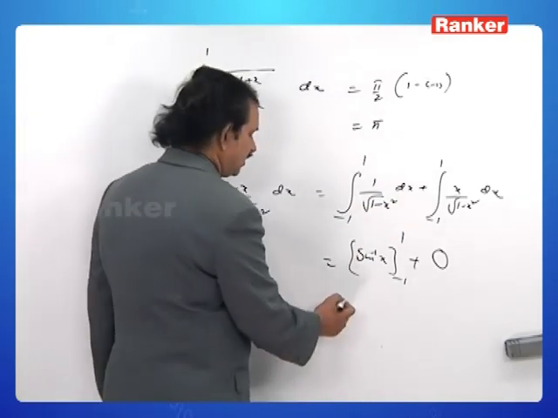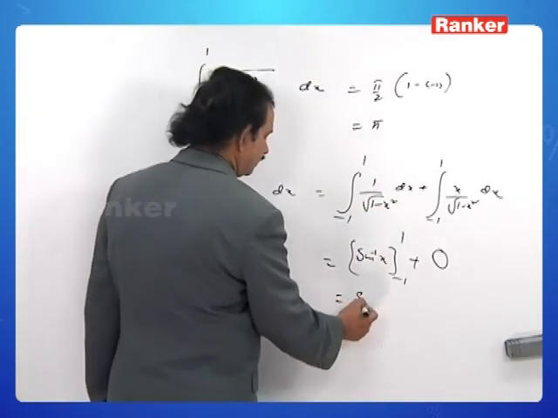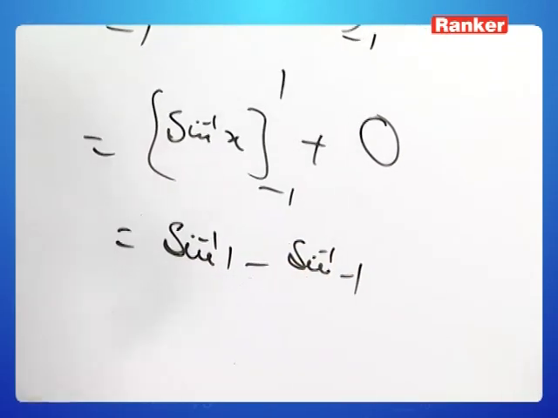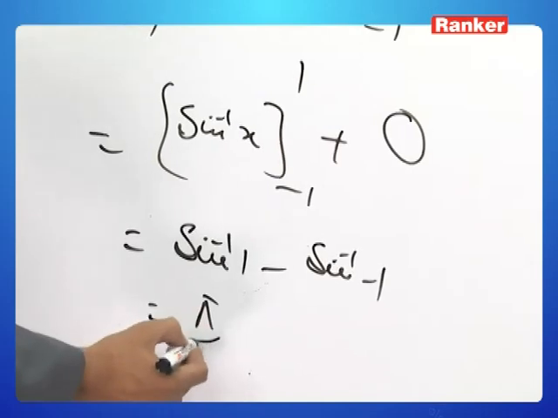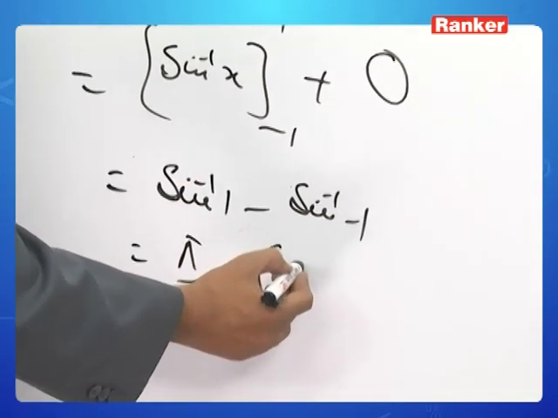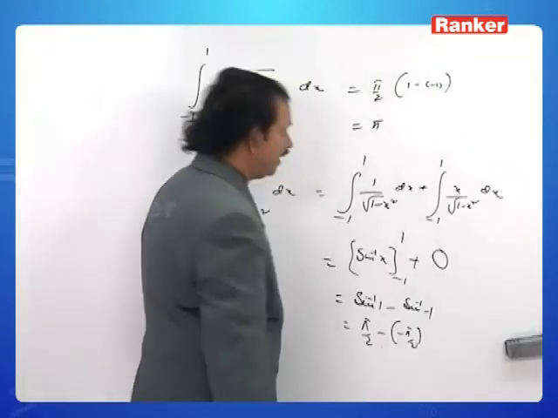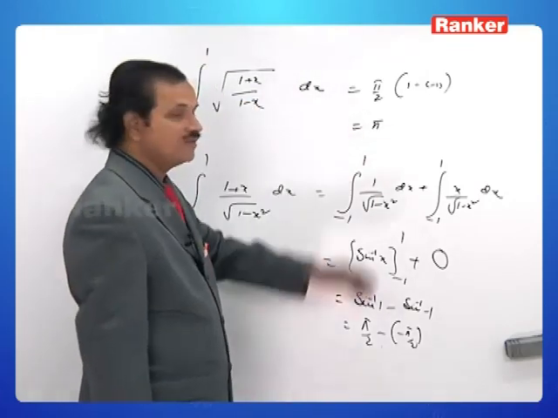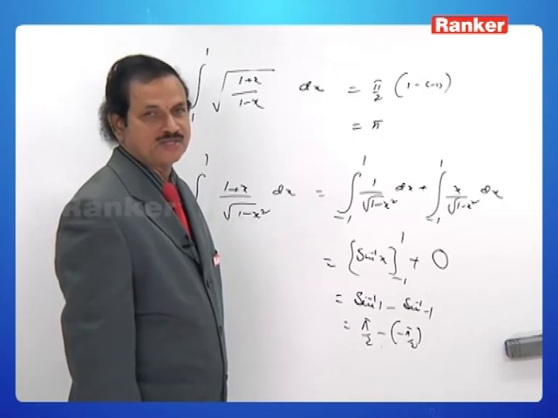Well, this is sine inverse 1 minus sine inverse of -1. Sine inverse 1 is of course pi by 2, and sine inverse of -1 is of course minus pi by 2. Pi by 2 minus of minus pi by 2 is pi, which is obtained in the beginning itself, isn't it?